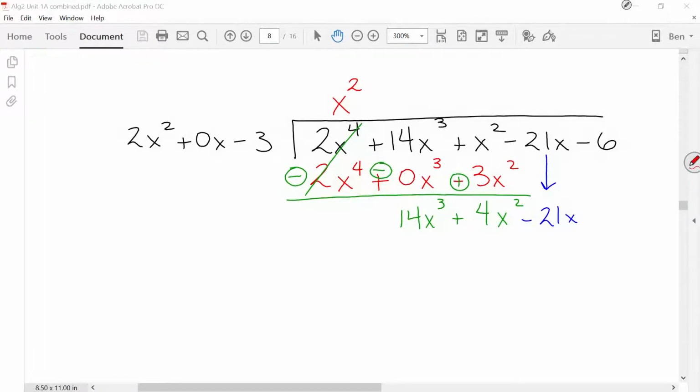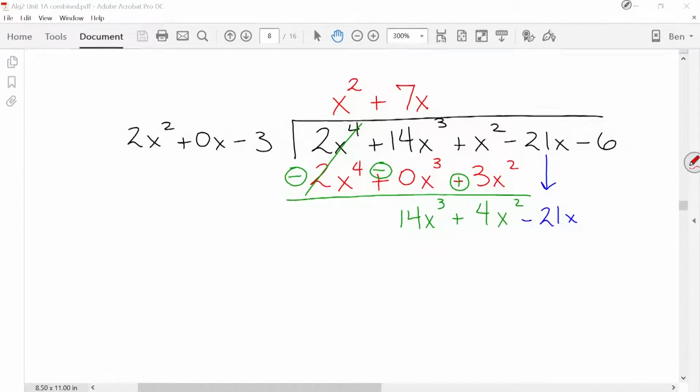2x squared times what is 14x cubed? So I think about the coefficient separately. 2 times what is 14? It's plus 7. Okay, 7 times 2 is 14. And then x squared times what is x cubed? Well, x squared times 1 more x is x cubed.